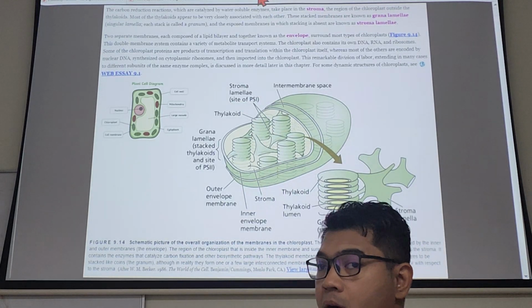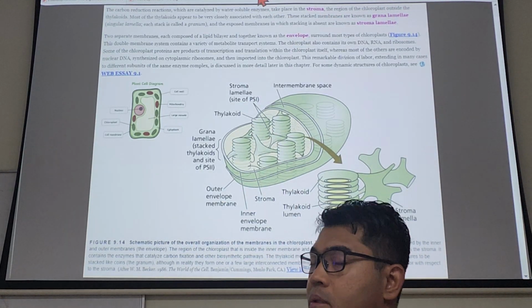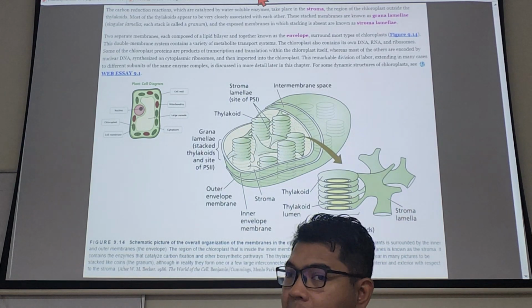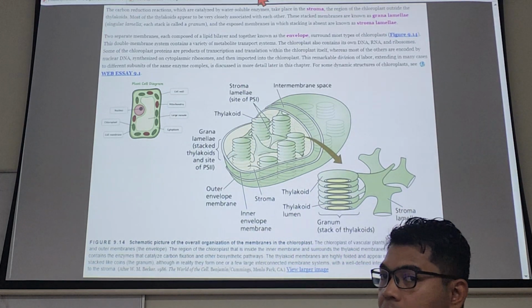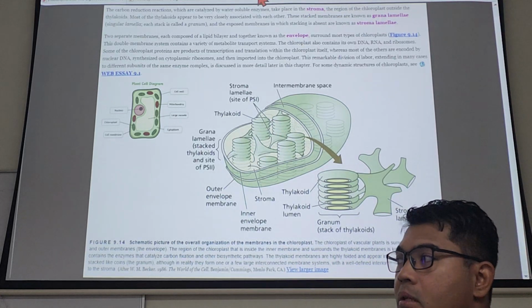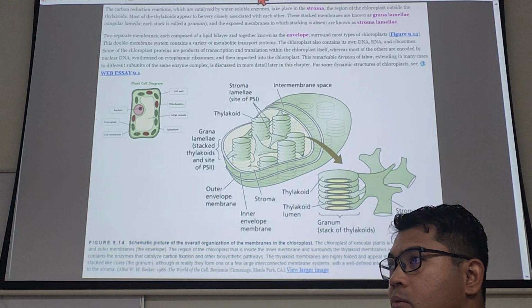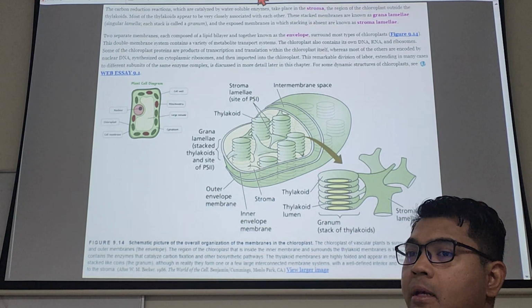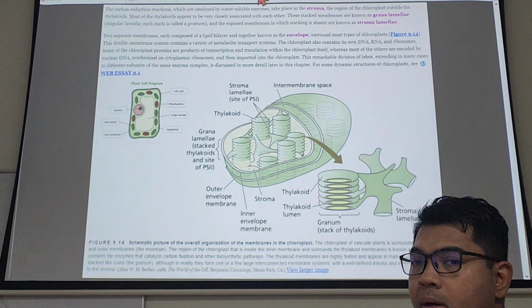This is very important because not all substances can go in and out of the chloroplast. It's highly regulated. This is also important because this is where the plants will eventually decide to have more sugar transported out of the cells or otherwise.